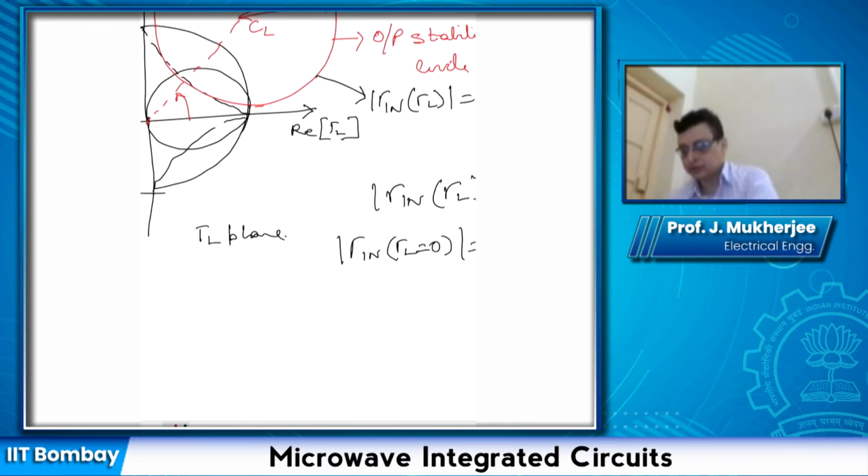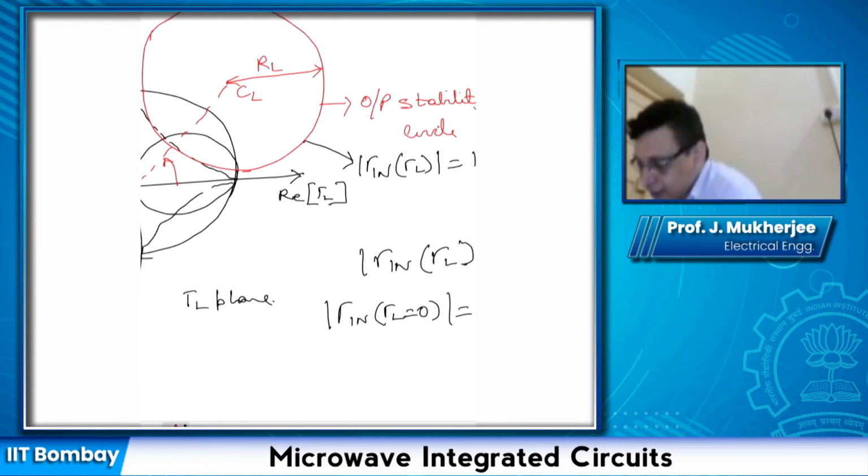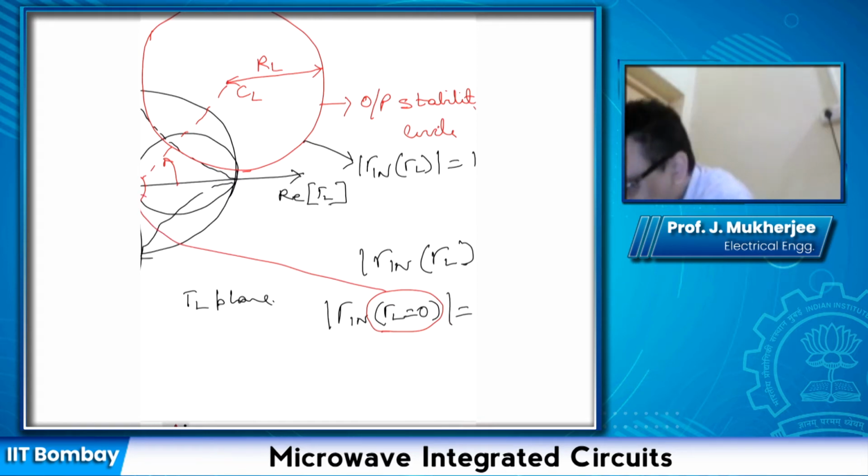And gamma L equal to 0 will correspond to the origin.